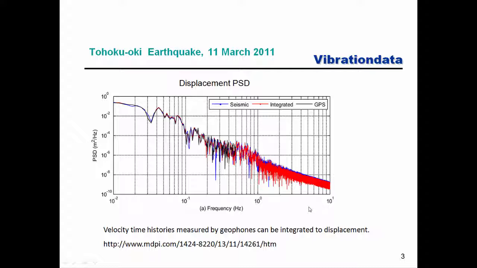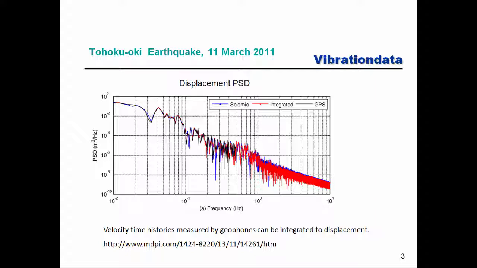Somehow the authors of this paper used very complicated algorithms using various GPS signals, as well as data from other sensors. But the point is, this is a different type of power spectral density than we've looked at before, because it's a displacement power spectral density.